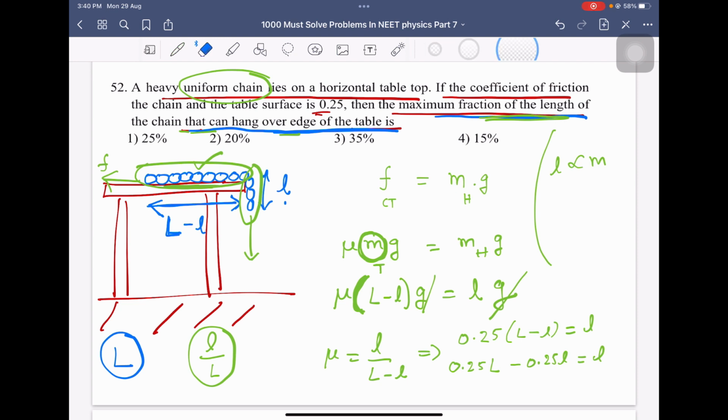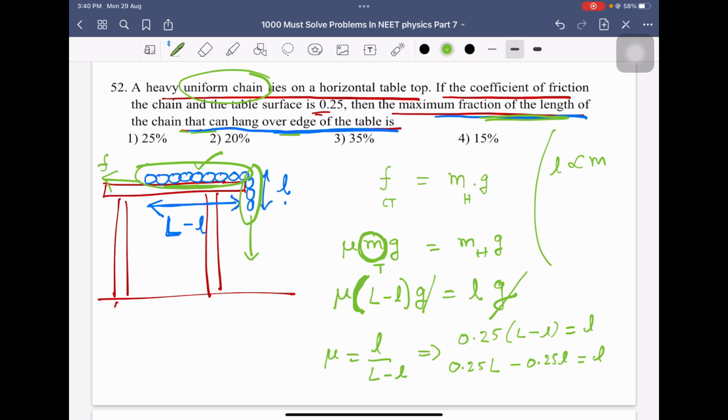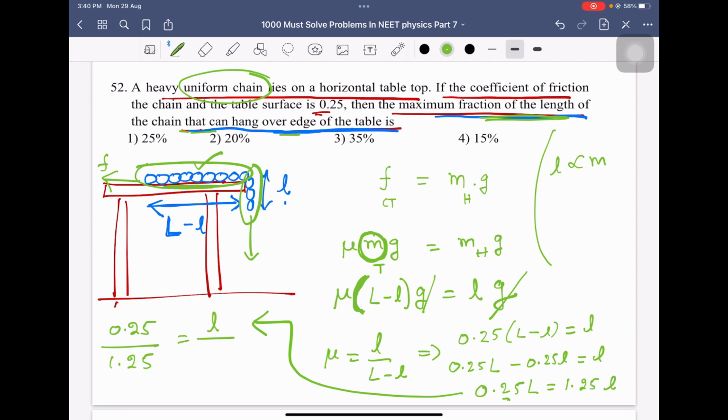I'll just create some space to solve here. 0.25 into capital L is equal to 1.25 into small l. Now I'll do the remaining simplification here. 0.25 divided by 1.25 is equal to small l divided by capital L.